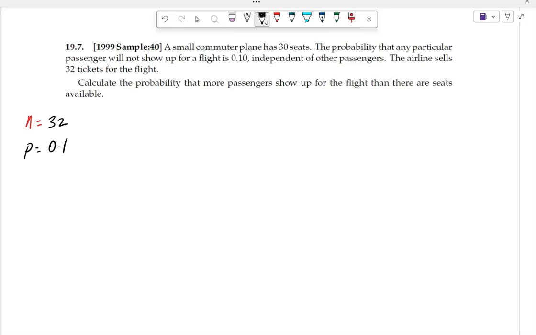So this problem's asking us for the probability that X equals 0, 32 people showed up, or the probability that X is equal to 1. We can add them together because they're mutually exclusive events, right? We want X is 0 or X is 1.